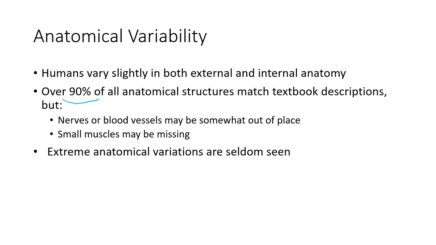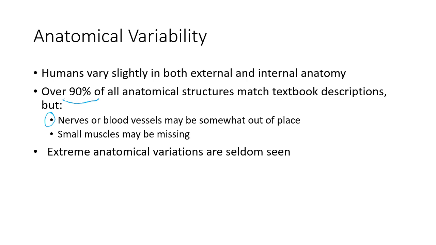If you look for something in a textbook somewhere or an anatomy book of some sort, you're going to find that if you go to look for it on a person, it's going to be in that exact same spot. Some variability comes from things like nerves and blood vessels because they may need to find their way around at different times.